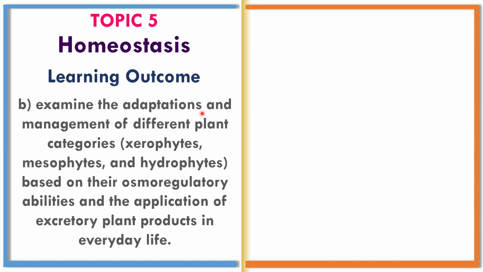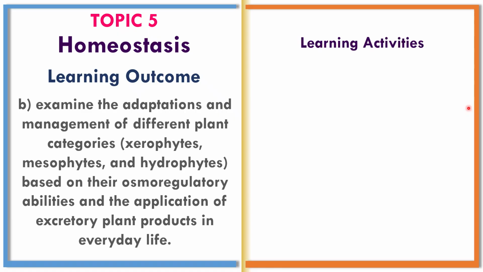Our learning outcome B: Examine the adaptations and management of different plant categories, xerophytes, mesophytes, and hydrophytes, based on their osmoregulatory abilities and the application of excretory plant products in everyday life.